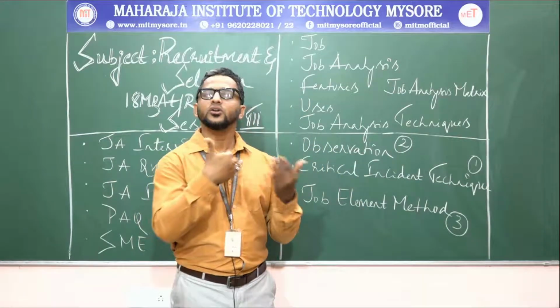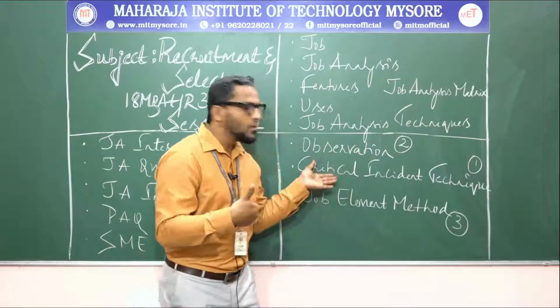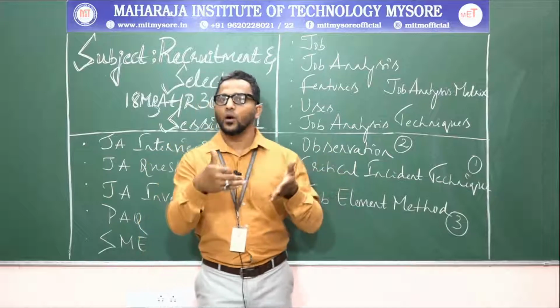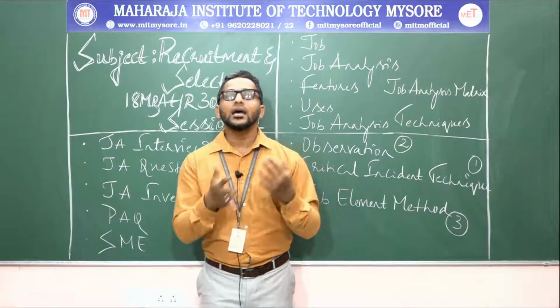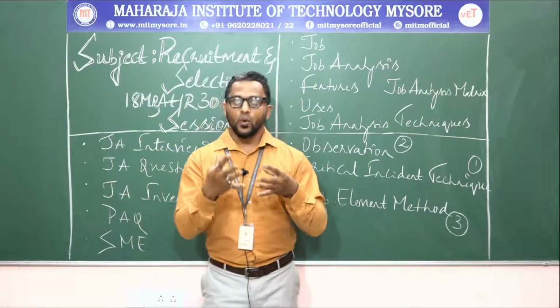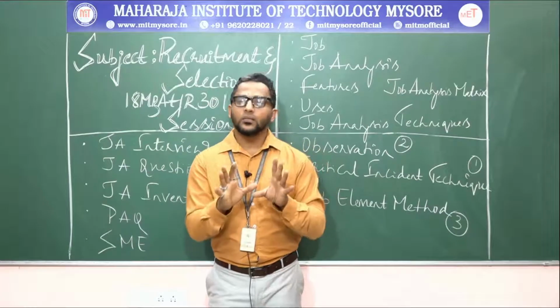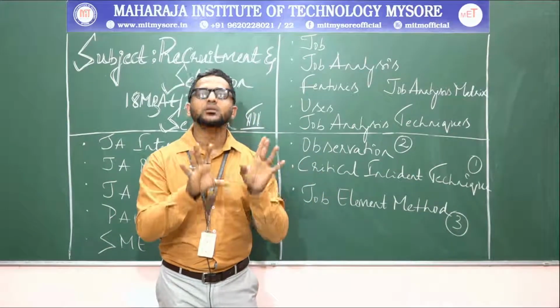It is generating the two ways, good performance and poor performance. Good and poor is the critical part. What is the incident? Examples of performance, good and poor, are the critical incidents, and those are related to one's job.